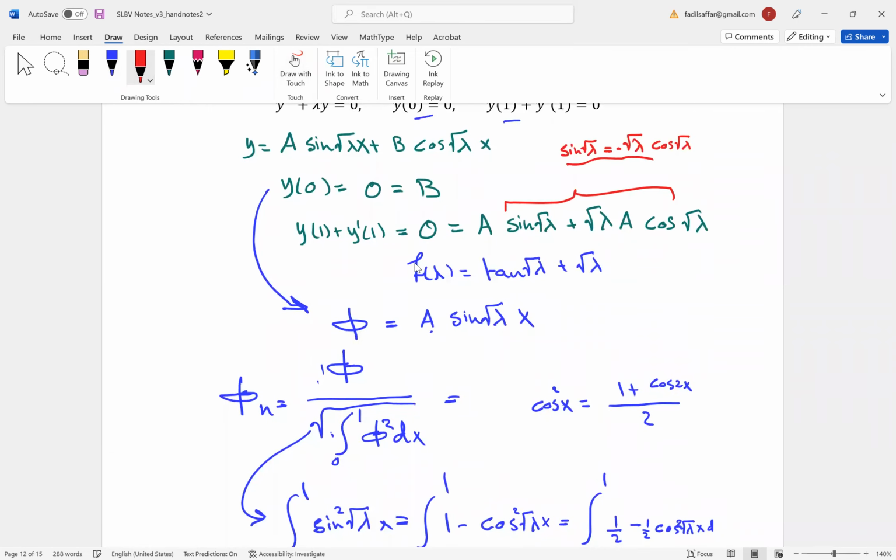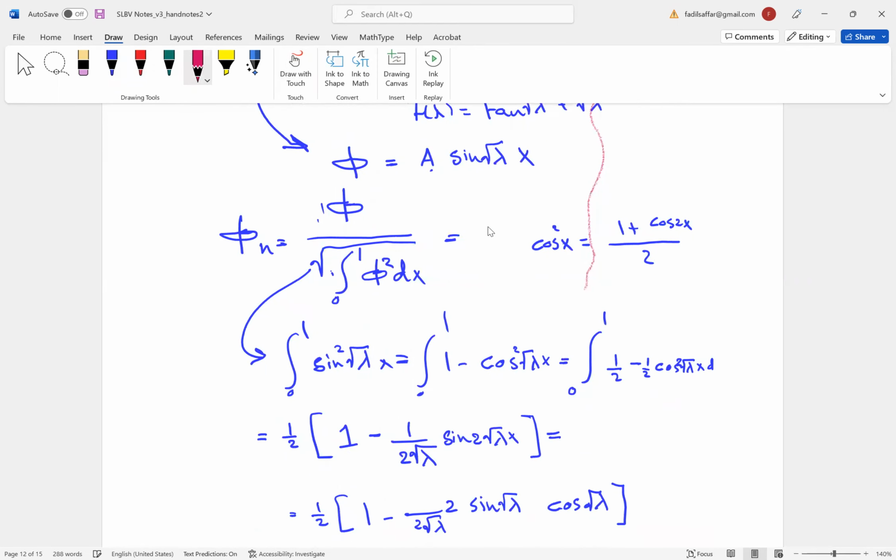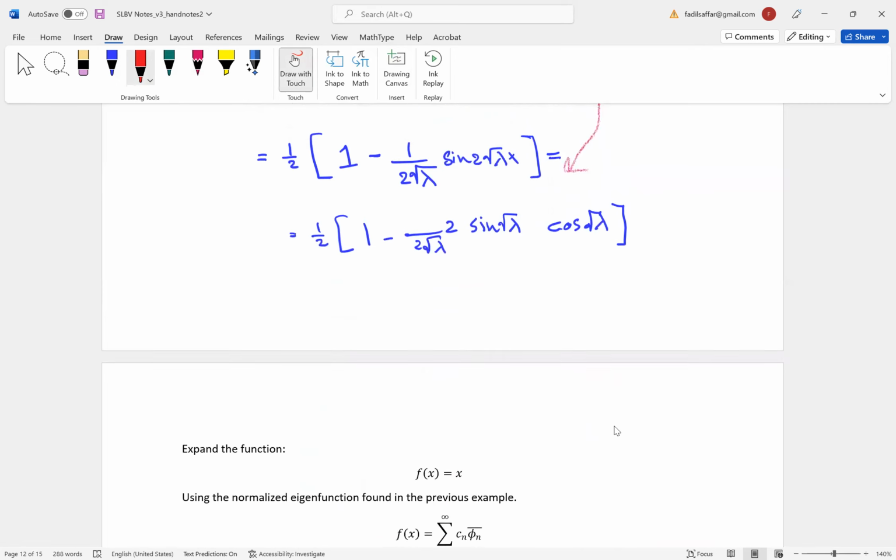If we take this one here and substitute in there, we'll see that this sine can be replaced by negative square root of lambda cosine square root of lambda. And at the end, this one will cancel with this, and the 2 will cancel with the 2. We'll have half times 1 plus cosine square root of lambda.